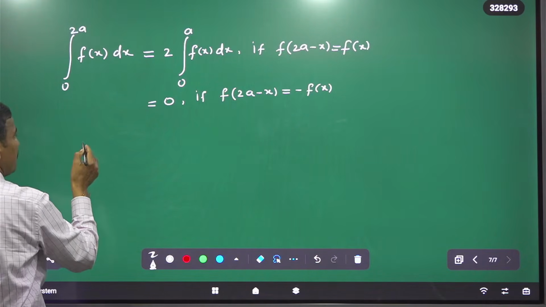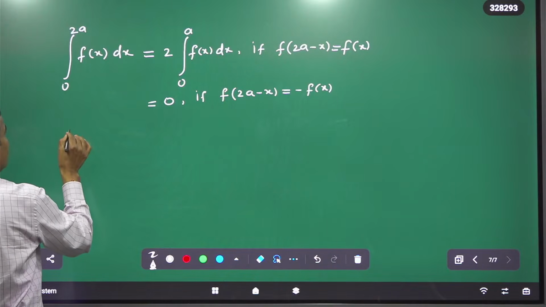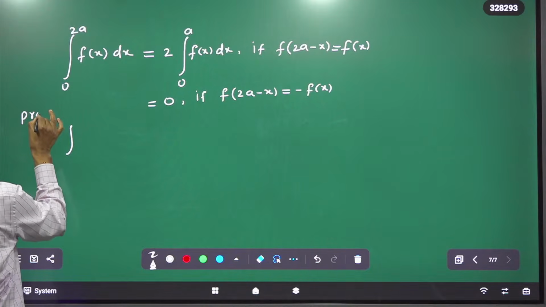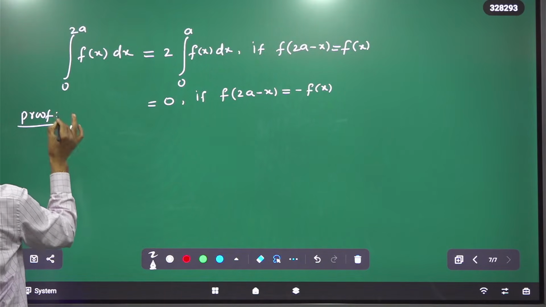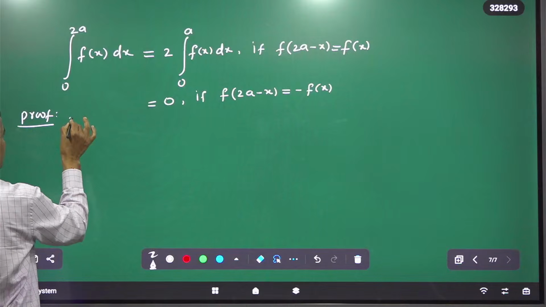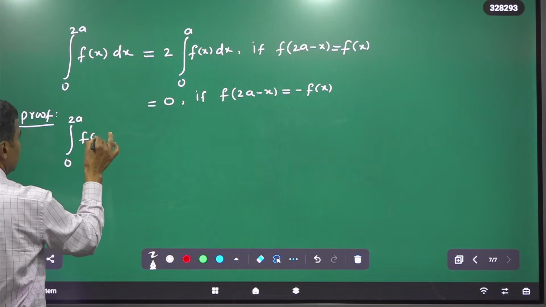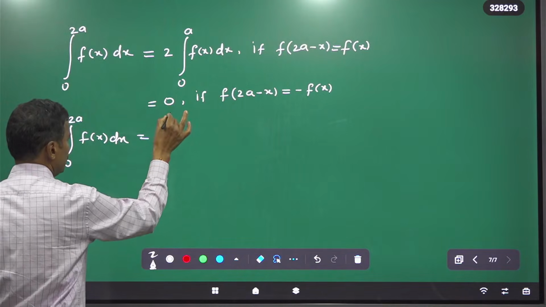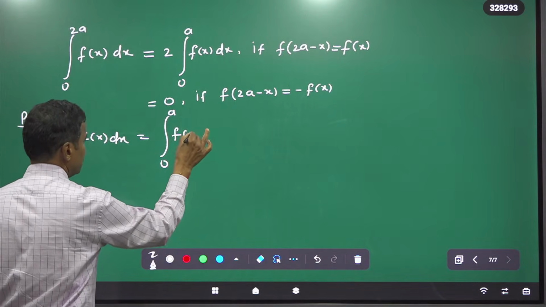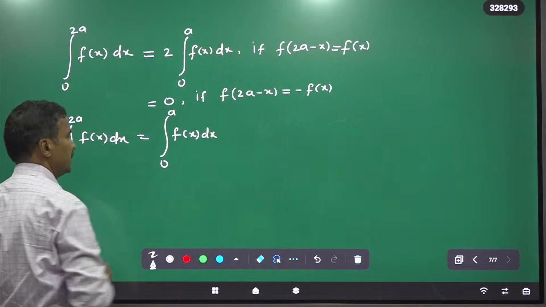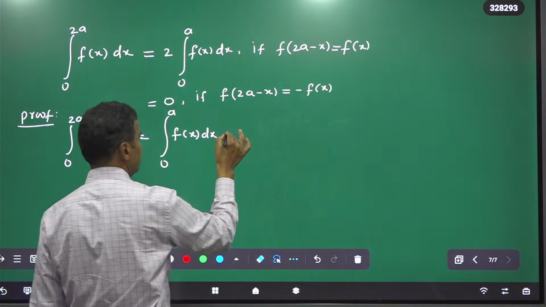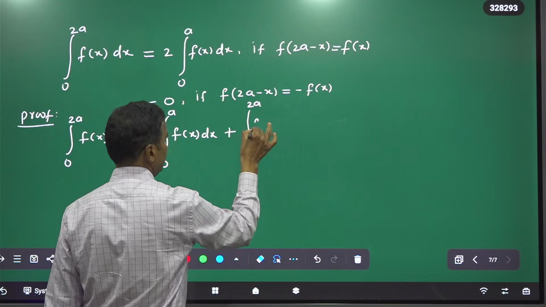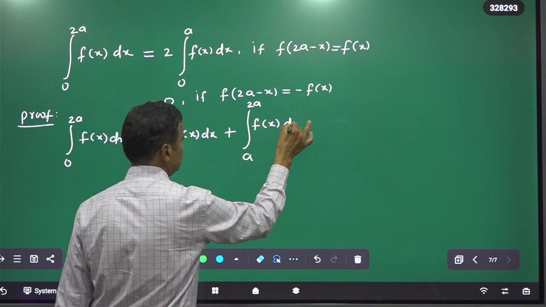Now you can see the integral of 0 to 2a f of x dx. We can write this as integral of 0 to a f of x dx plus integral of a to 2a f of x dx.